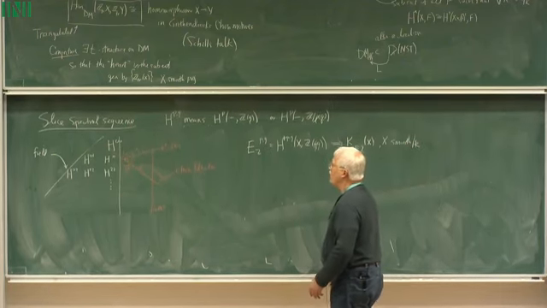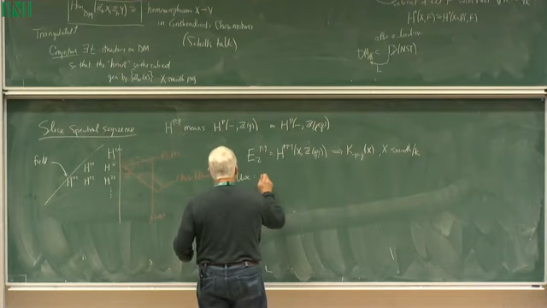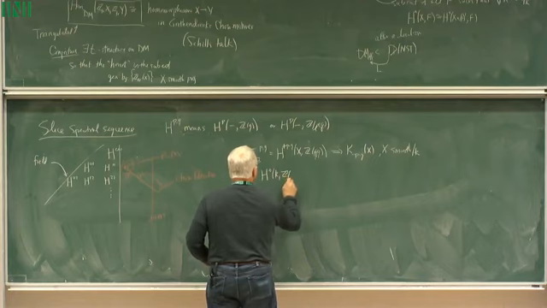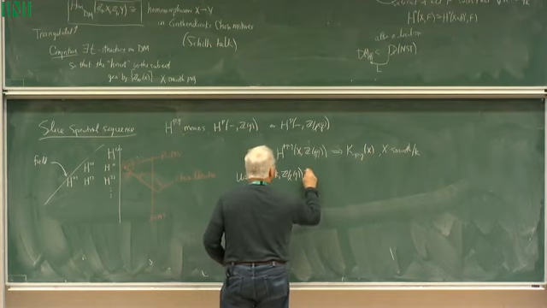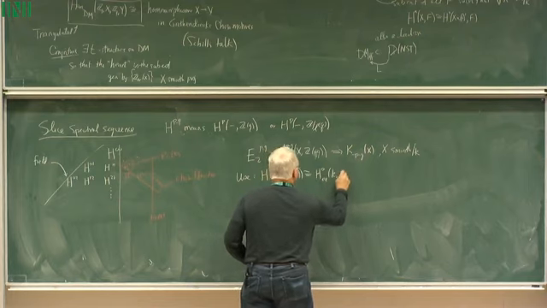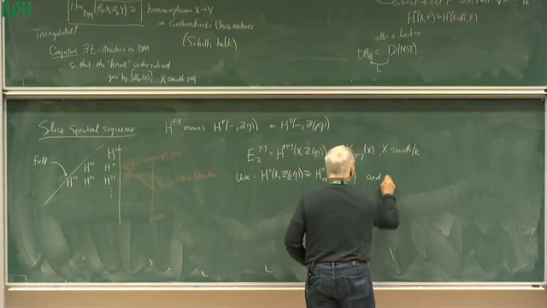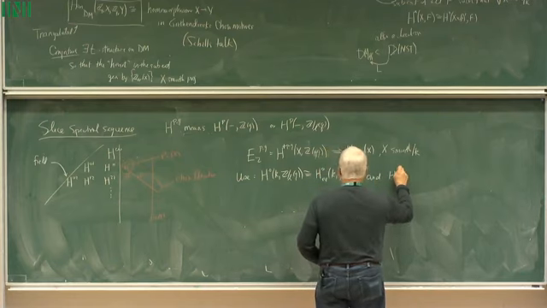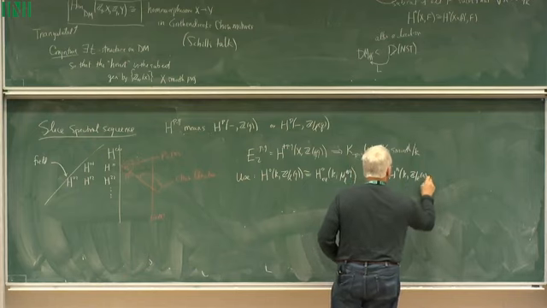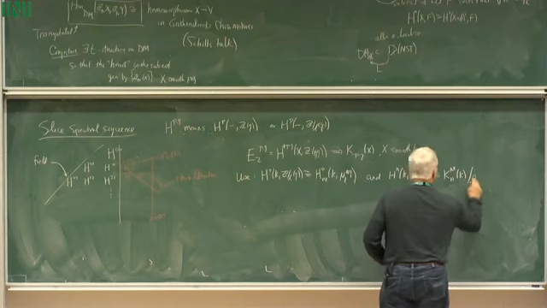Now, what I want to do is I want to use two facts, and the first fact is going to be that H^0 of K with coefficients in Z/L twisted n times is the étale cohomology of K with coefficients in mu_L tensor n times, and H^n of K with coefficients in Z/L twisted n times is isomorphic to K Milnor sub n of K mod L.